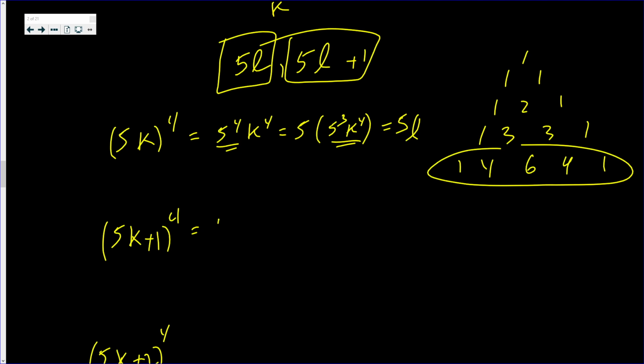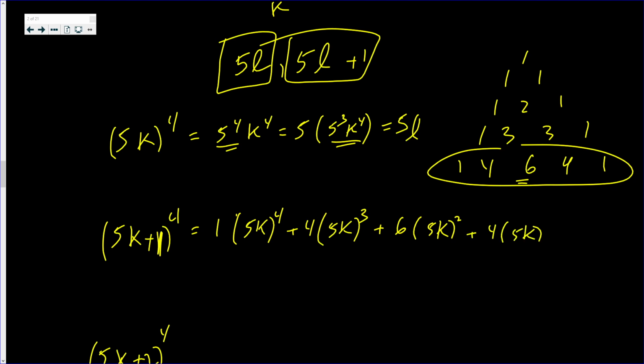So you're going to have 1 times 5k to the 4th plus 4 times 5k cubed. And the 1 to a power won't change anything, so I won't write it. Plus 6 times 5k squared plus 4 times 5k plus 1.